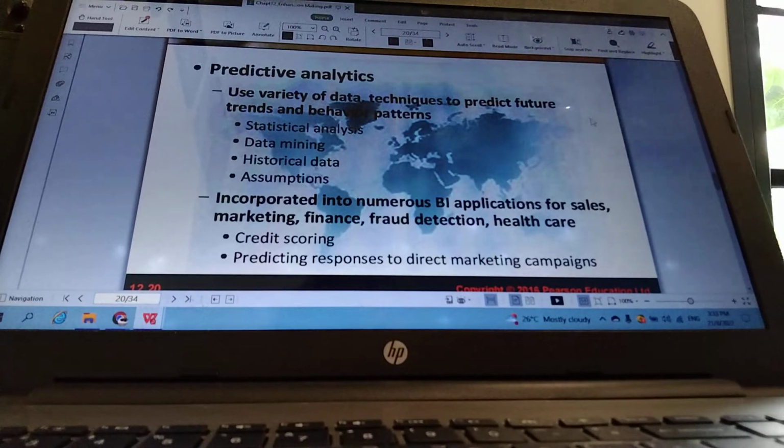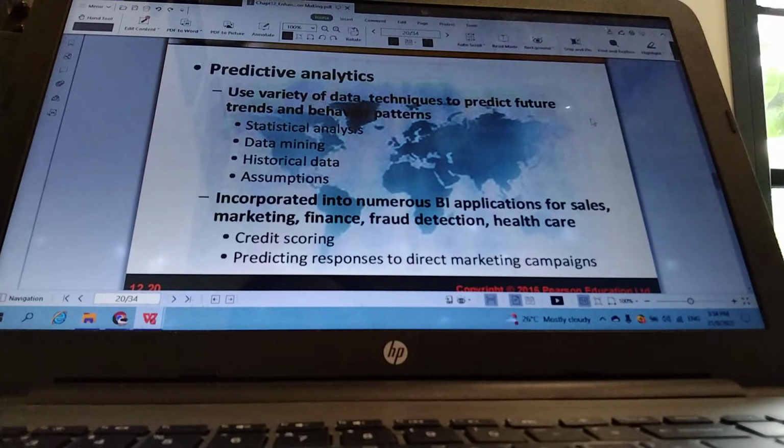Various statistical analysis related reports can be generated for the purpose of decision making for the senior managers and any other users. Data mining related work or activities can be done. Historical data can be viewed, can be pulled out based on how much backdated data you have within the database. Any assumption that you need to make also can be considered.